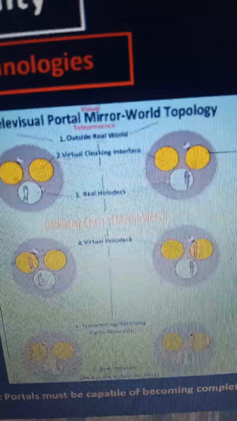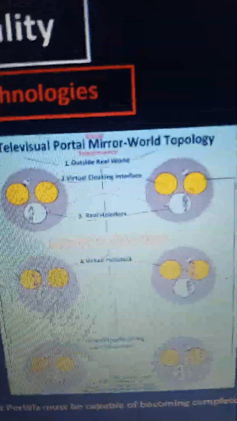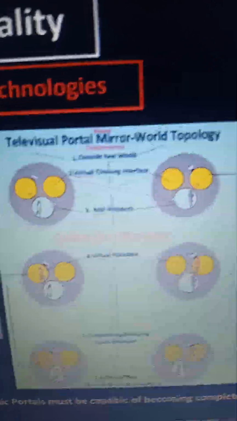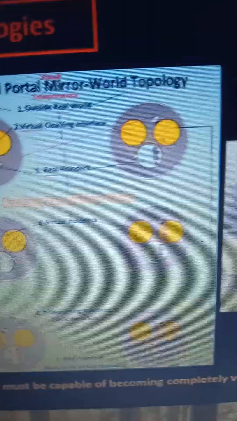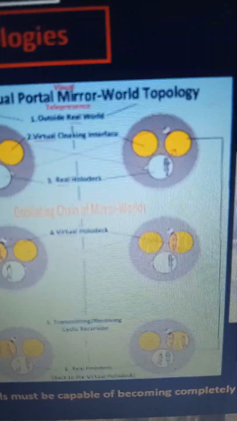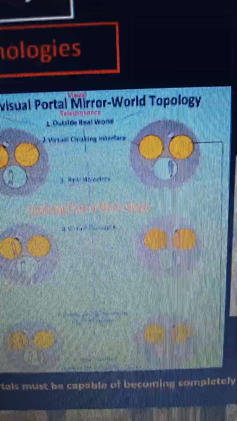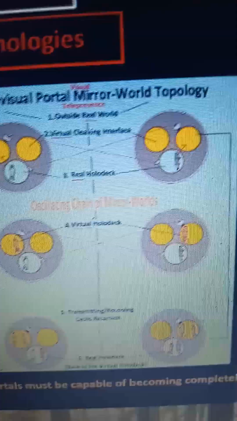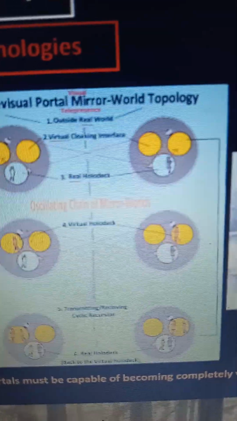And then you have the virtual holodeck, where their flip side, their negative light information, is captured, which is transmitted between transmitter and receiver, cyclic recursion to their real holodecks again, except their virtual images are brought over to the other person's real holodeck.